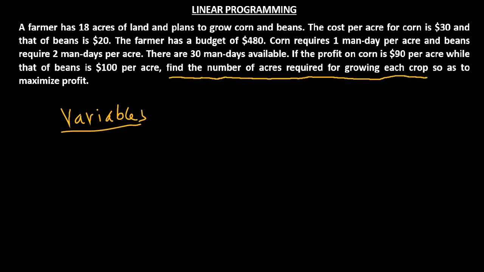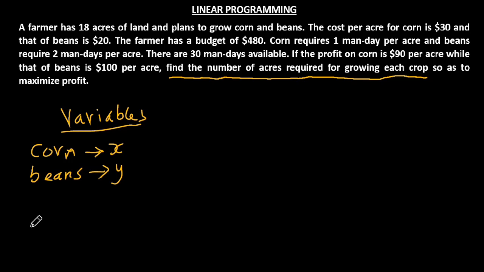So there are 2 crops. Variables are always 2 in number. The first crop is corn and the second crop is beans. Now we let the corn be represented by letter X and the beans by letter Y.